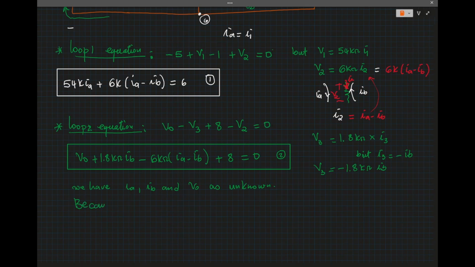Because there is a dependent source in the circuit, we need to find the constraint equation.